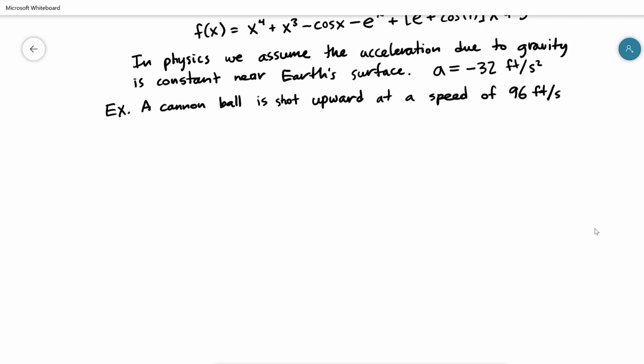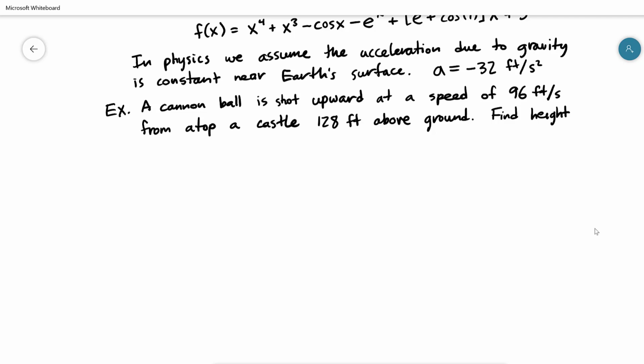And it's coming from the top of a castle, so from atop a castle, 128 feet above the ground. I want to come up with an equation where we can find the height after t seconds.